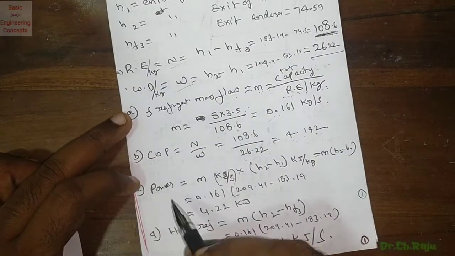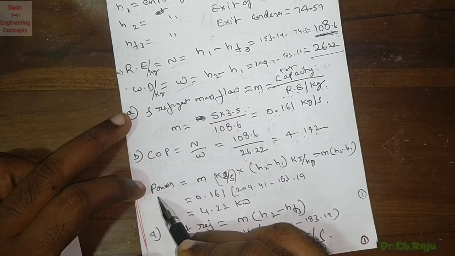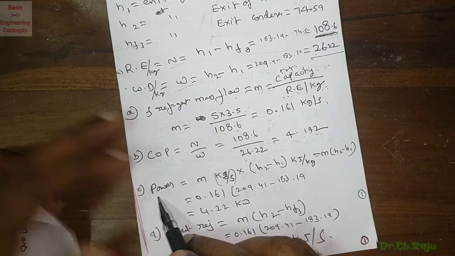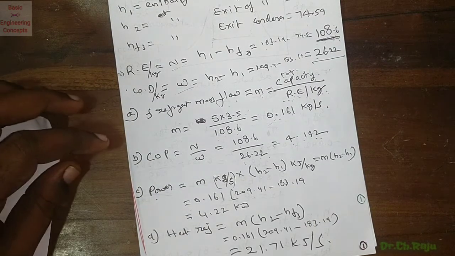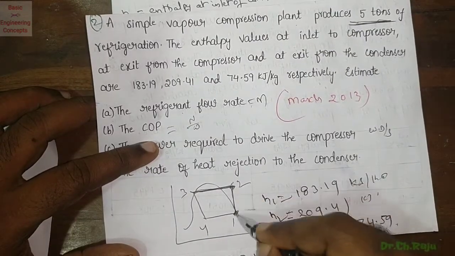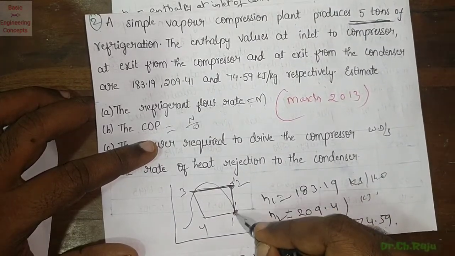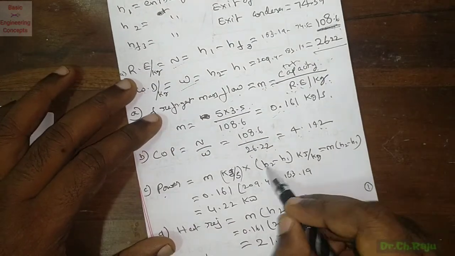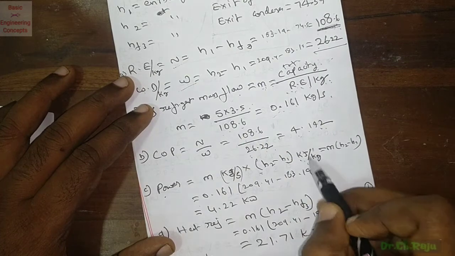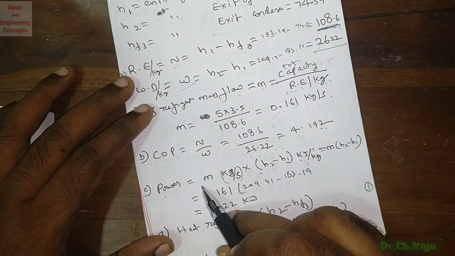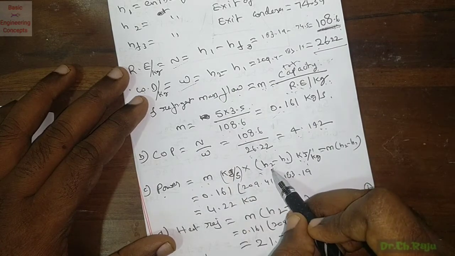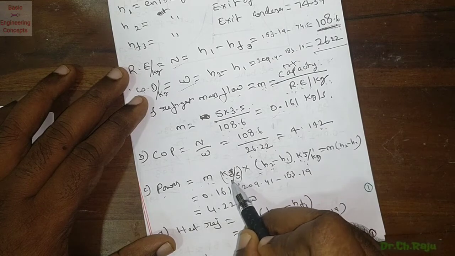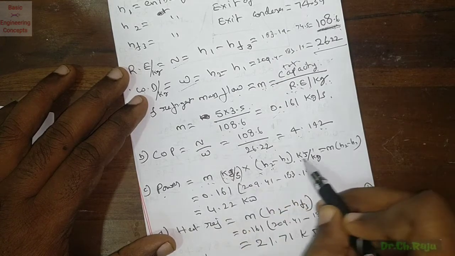Next is the power required to drive the compressor. For the compression process, the work is H2 minus H1 in kilojoules per kg. So the power is the mass of the refrigerant flow in kg per second into H2 minus H1 in kilojoules per kg.